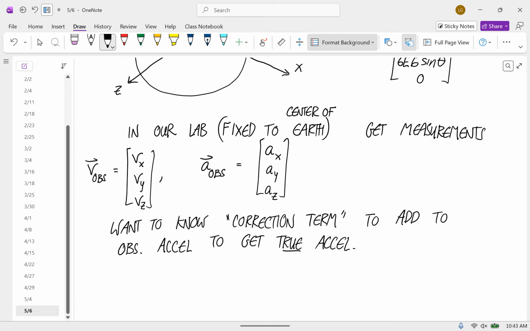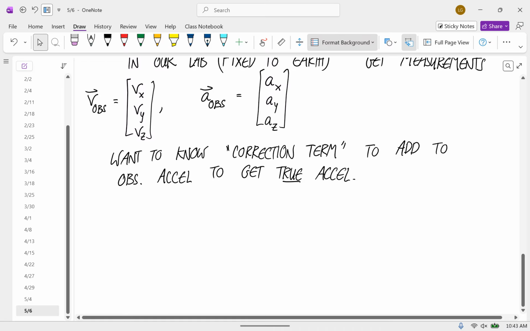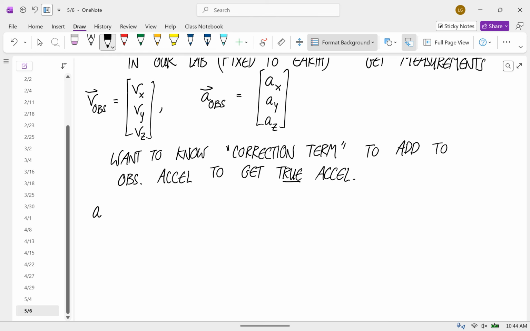Okay, so here's what we have. So the acceleration, this is the true acceleration, is equal to the observed acceleration, and that's this Ax, Ay, Az, plus the time derivative of the angular velocity of the Earth, or the angular acceleration of the Earth, in other words.